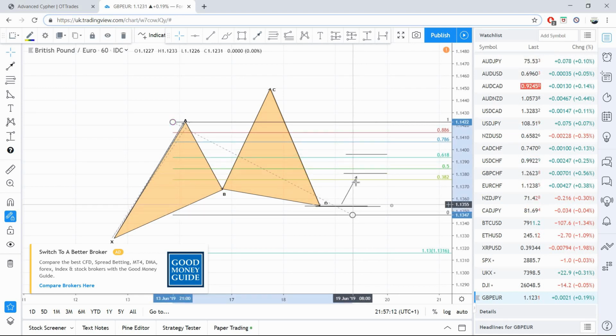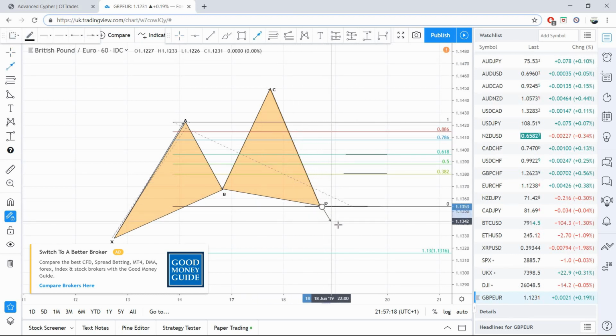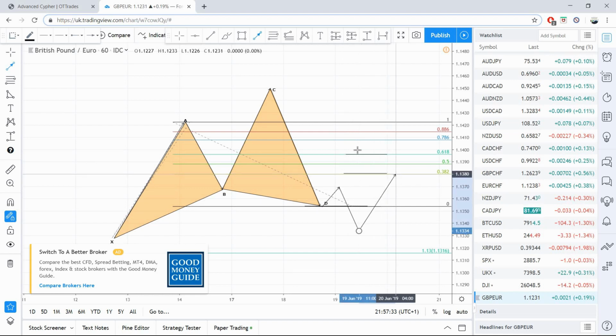Now, before price retraces, price might actually move lower and lower and lower before it makes that retracement up to our target levels. Or price might actually do something like this, so move higher, move towards our target, and then move lower before retracing.